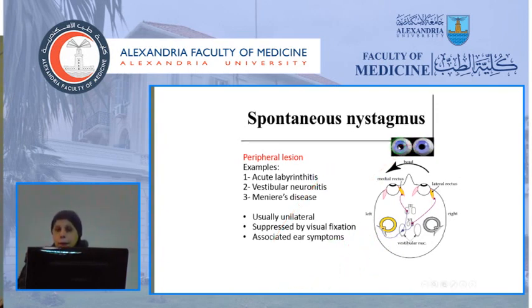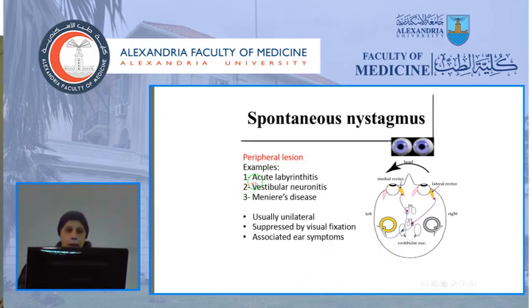When the pathology stops, like in fluctuant ear diseases such as Meniere's disease, you have an abrupt onset of nystagmus that lasts the duration of the pathology and then declines as the pathology goes away.